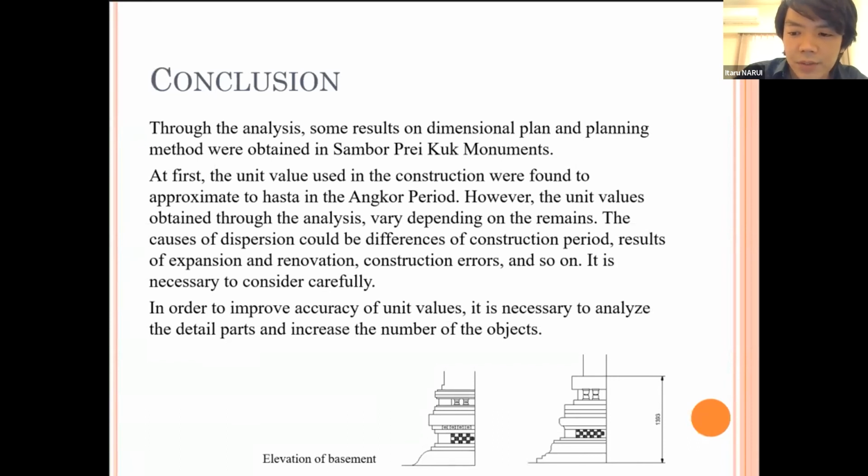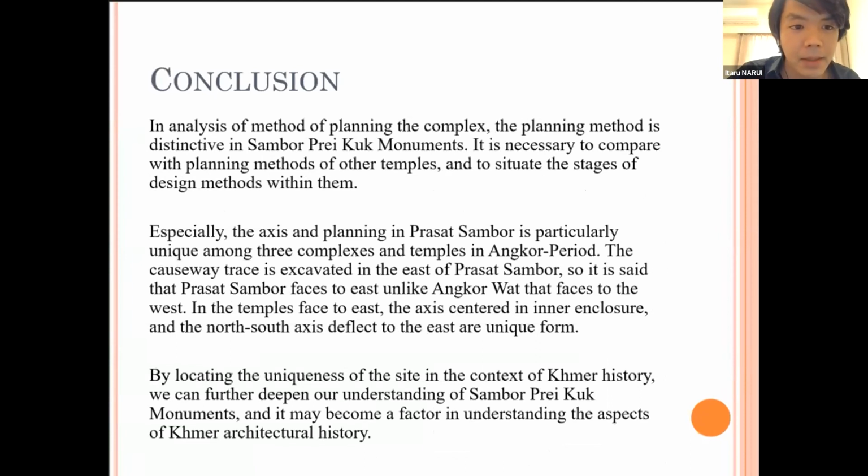In order to improve the accuracy of the unit value, it is necessary to analyze the detailed parts and increase the number of objects. For example, this is the elevation of the basement. In the analysis of the method of planning, the planning method is distinctive in Sambor Prei Kuk monuments.